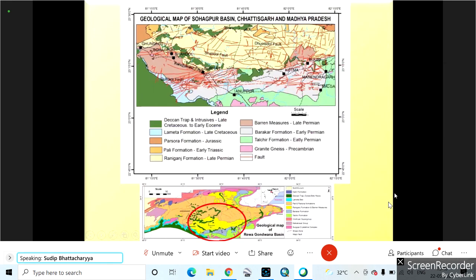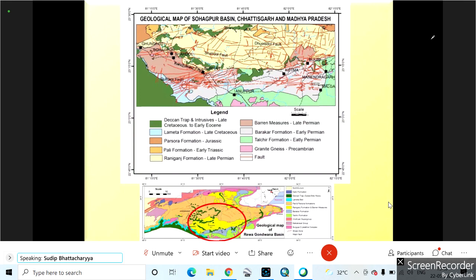Sir, this is the Sohagpur coalfield, and the cross fault. Where is the ring dike? You have marked the ring dike. Yes. Okay, I am marking.